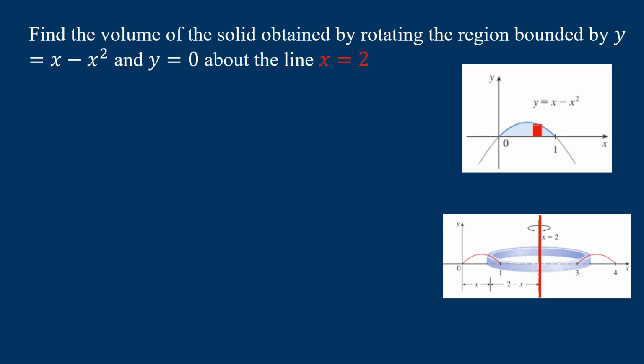Before I talk about the radius, let's write down the shell formula: 2 pi, radius times height. The radius is the challenging part. The radius is the distance from x equals 2 to this point, where this distance from the y-axis is x.